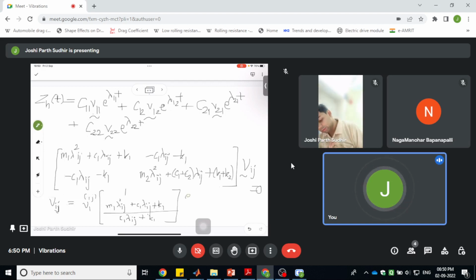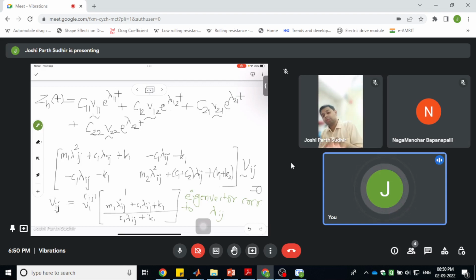Let us call this an eigenvector corresponding to eigenvalue lambda ij. We will get 4 eigenvalues, so 4 roots here, so there will be 4 eigenvectors.